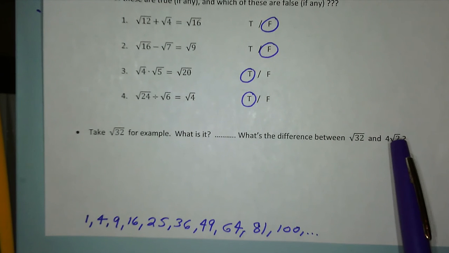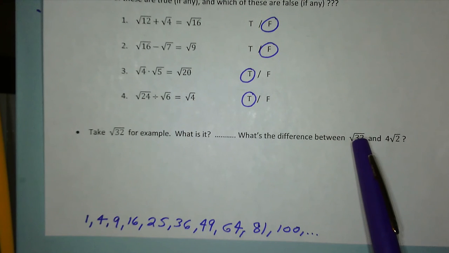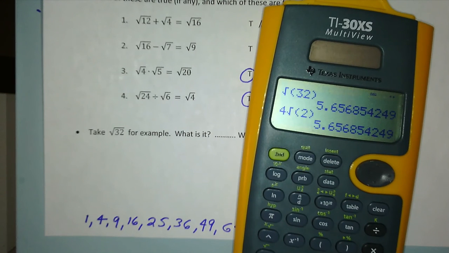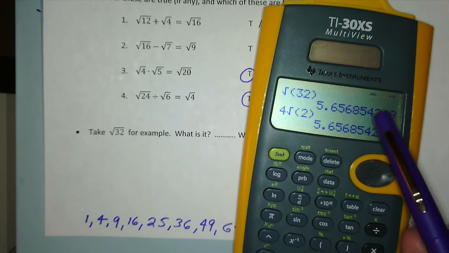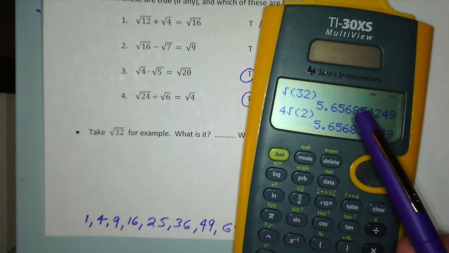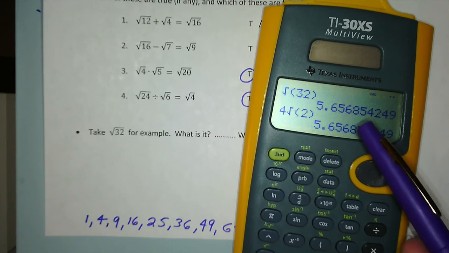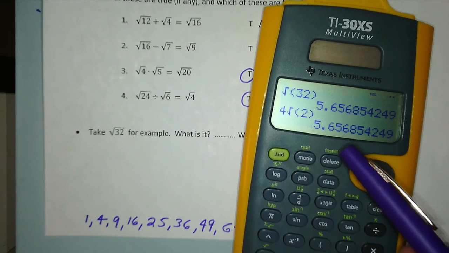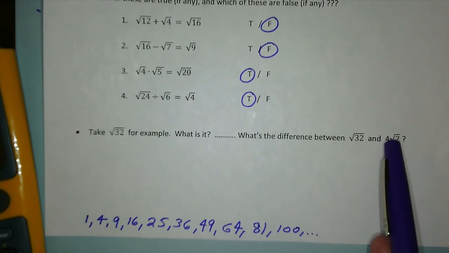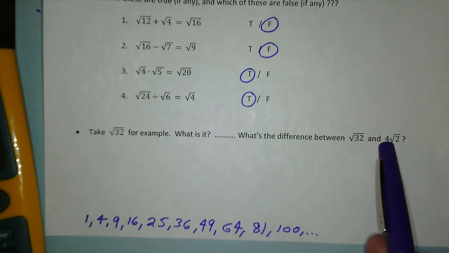But this is what we call a simplified version of that. The 5.65685424949 would be an approximation; if we rounded it to 2 or 3 decimal places, it would be an estimation, because we're just approximating it. But this would be the simplified form.